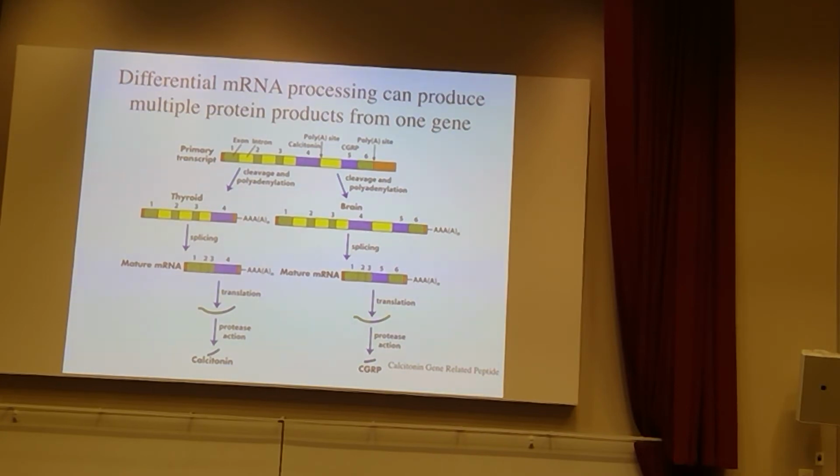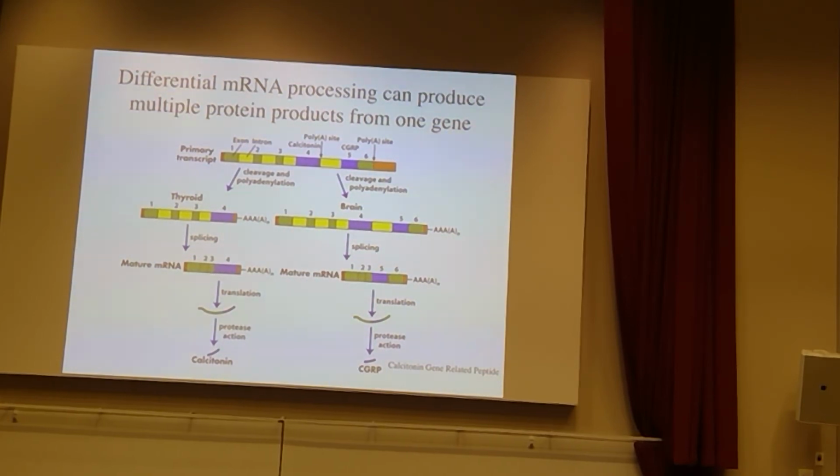6 exons. We can then translate each one of those, and process the initial protein product with a protease to give rise to two completely different peptide hormones, either calcitonin or calcitonin gene-related peptide. And these both play different roles within the body.